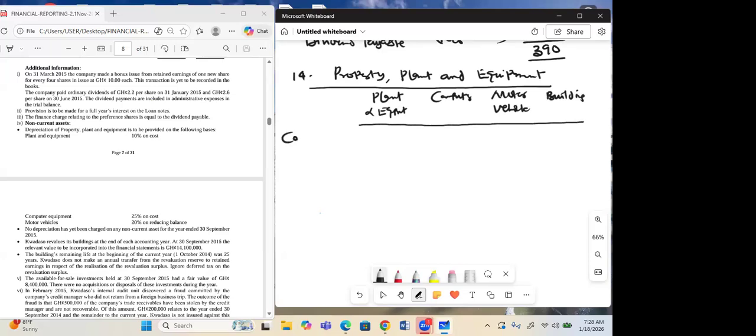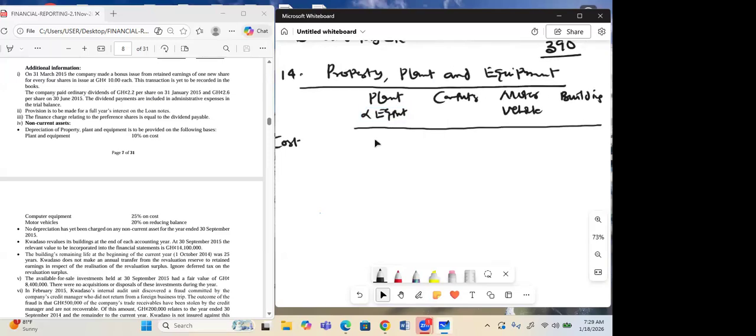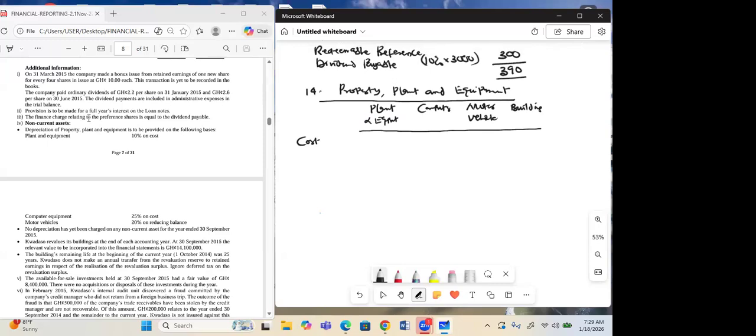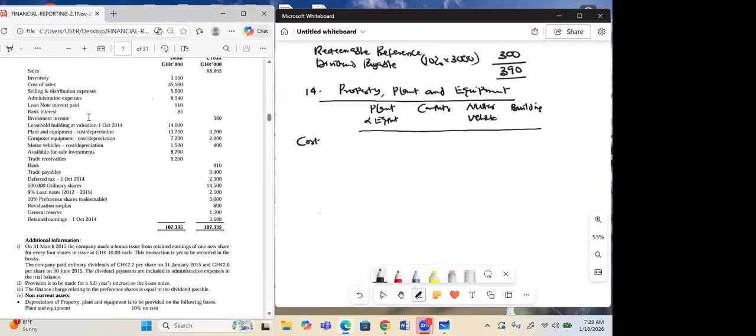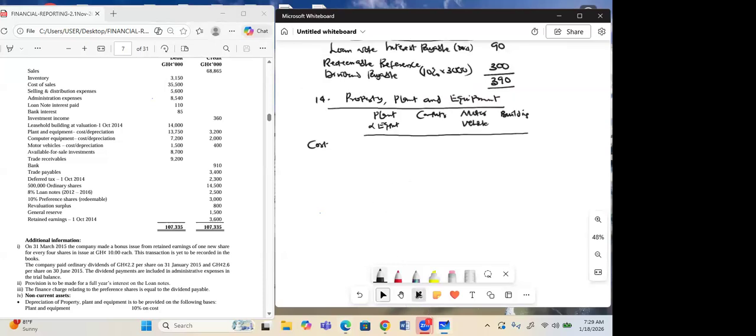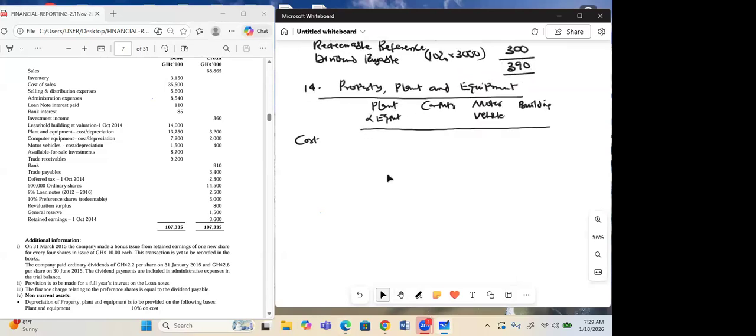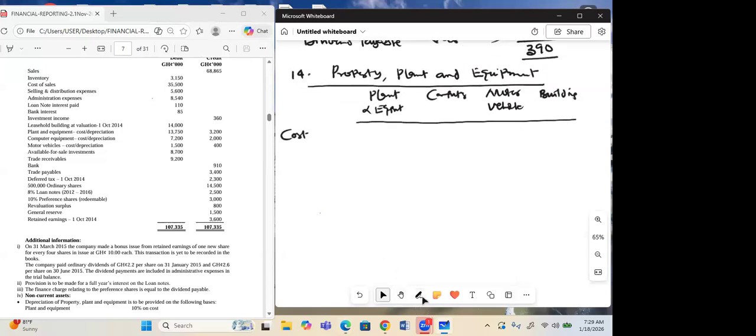So all of them, give me their cost. Plant and equipment, what's the cost? Let's go to the trial balance. 13,750. PPE is a bit complex, so I need everybody's response. Plant and equipment is 13,750.